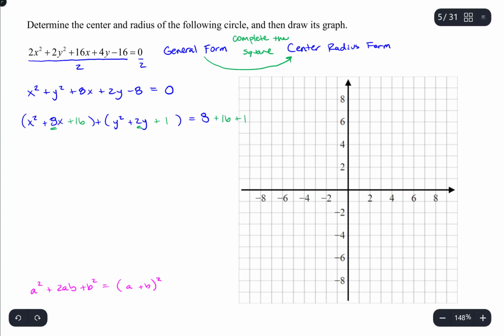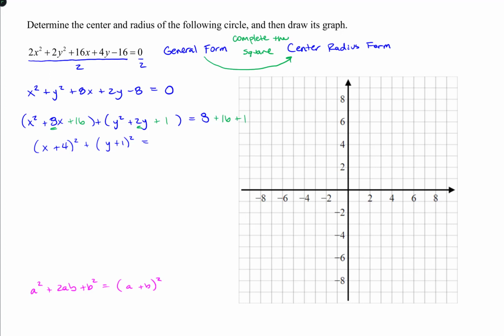So this one will factor into x plus half of this number multiplying the linear variable. So half of 8 is 4, so this will be x plus 4 quantity squared, and this will be y plus 1 quantity squared. Now we add up all of these constants, so this would be 9 plus 16, which is 25. And now we have this in center radius form.